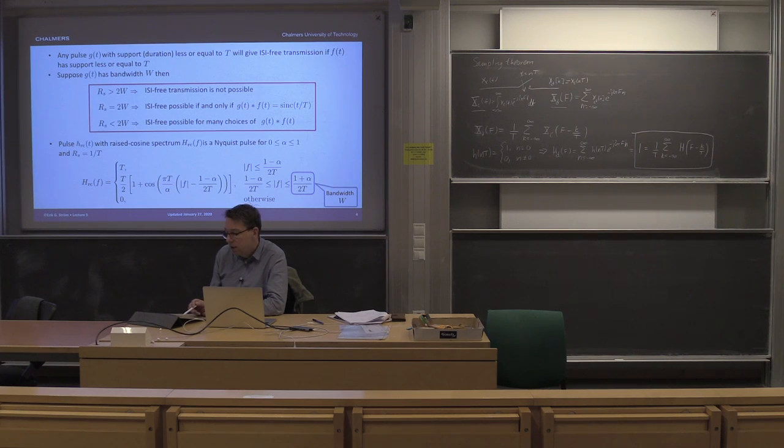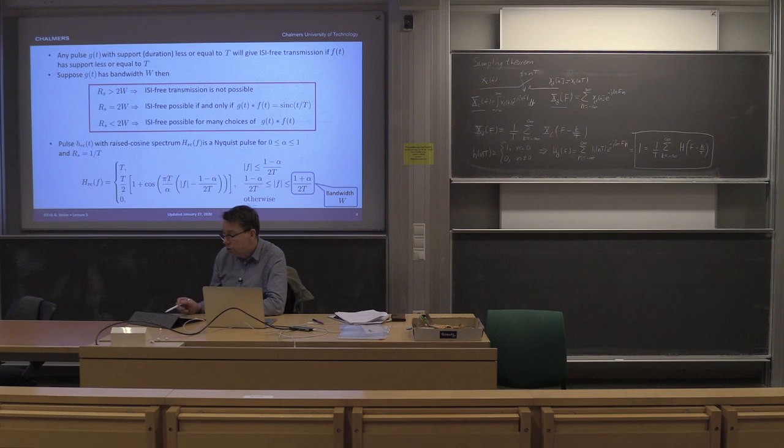Essentially, the best symbol rate we can hope for is 2 times the bandwidth. It's possible to do this, but only if G convolved with F is this sinc function. If the symbol rate is less than twice the bandwidth, then there are many choices of G and F that make this work.